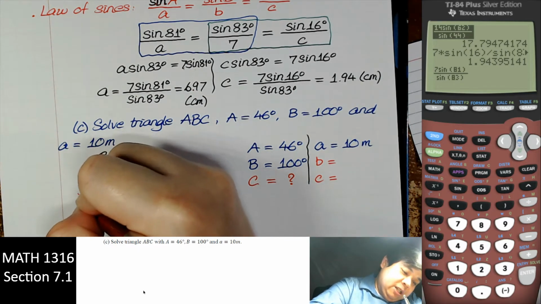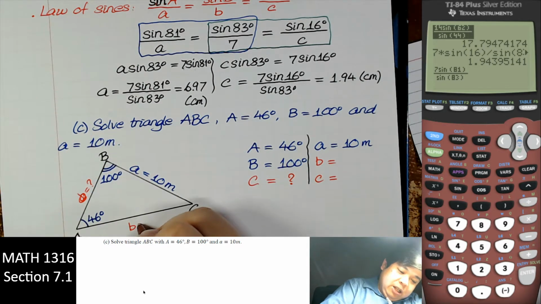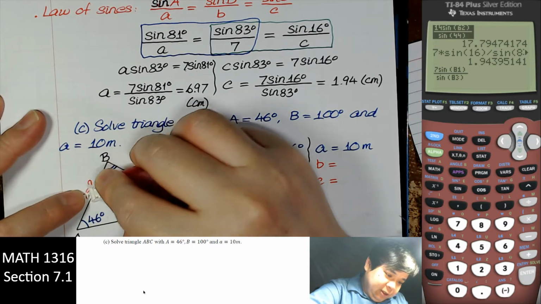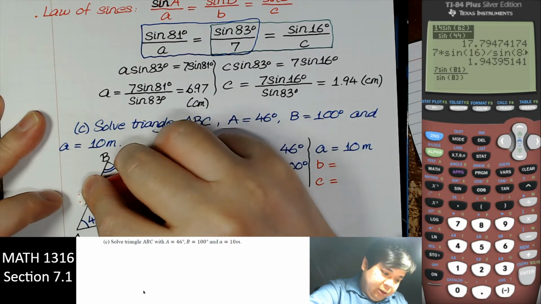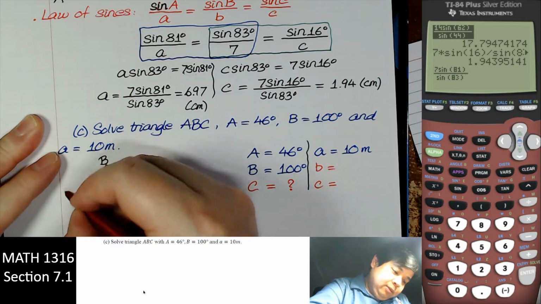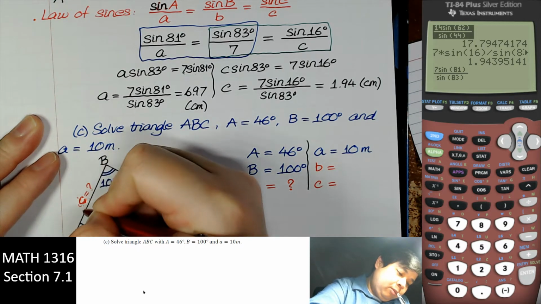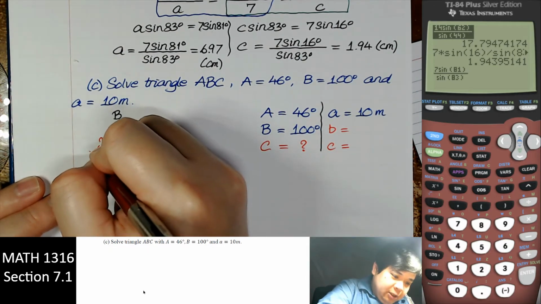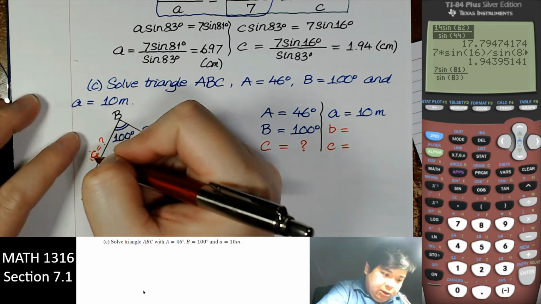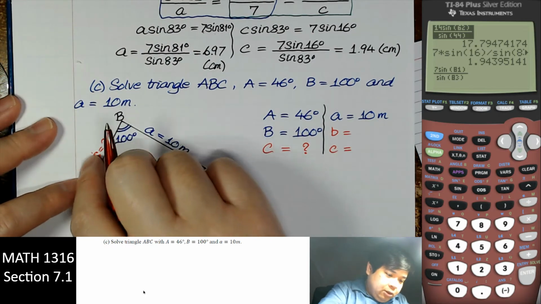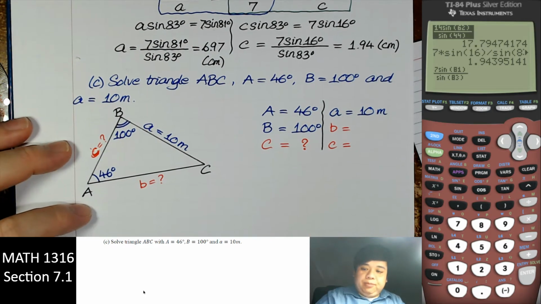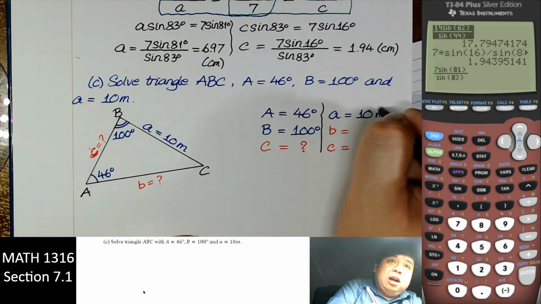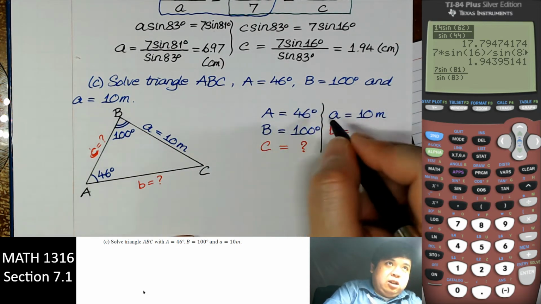Sorry, this is C, and this is B. Right. So once again, opposite pair of angle and side, big A, little a.